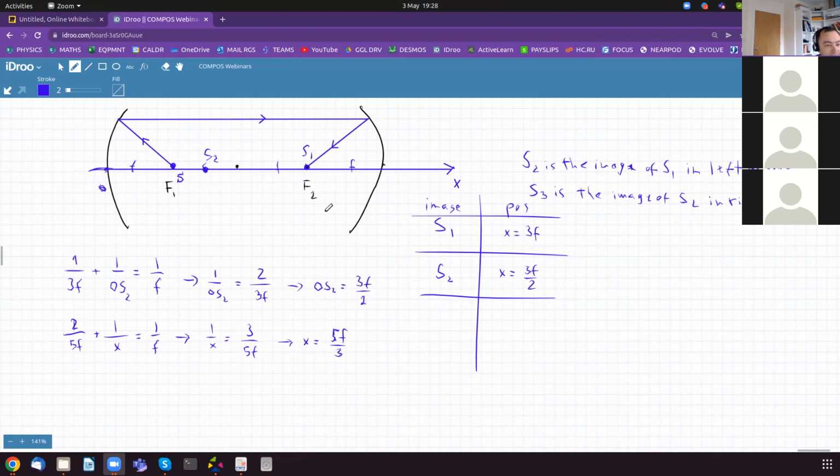We're measuring the distance from the right mirror. So 4f minus 5f over 3 is 7f over 3.